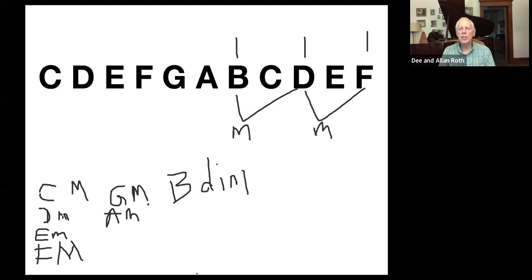So there's C, F, and G major, D, E, and A minor, and B is diminished. When you play chords up the scale on your ukulele, you play a C major, a D minor, an E minor, an F major, a G major, an A minor, and then the B is a diminished chord.